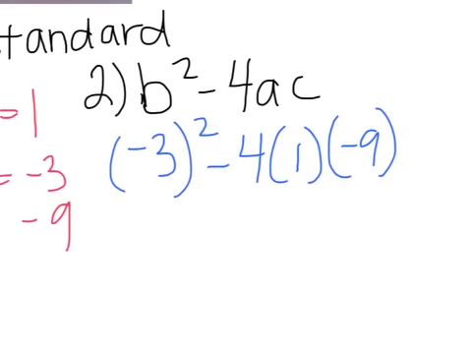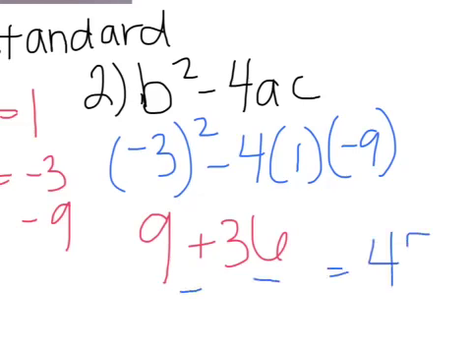So negative 3 squared, negative times negative is a positive, so it would be equal to 9. Negative 4 times 1 is still negative 4. Negative 4 times negative 9, negative times negative is positive, so it would be positive 36. And 9 plus 36 is equal to 45.